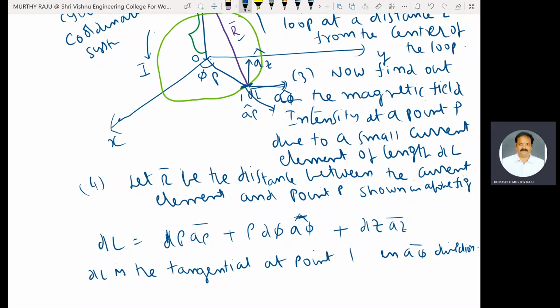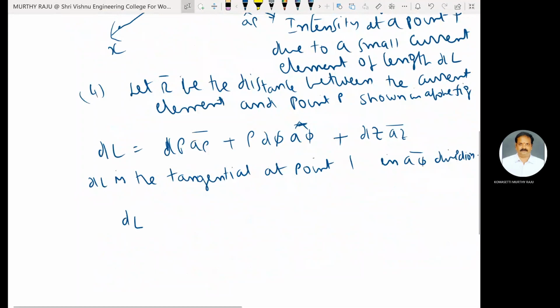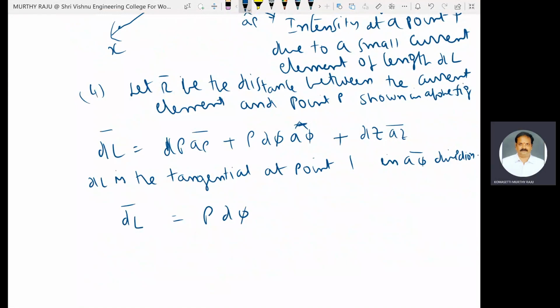Therefore, dl vector is equal to rho d phi a phi only. Now let us find out the R vector.